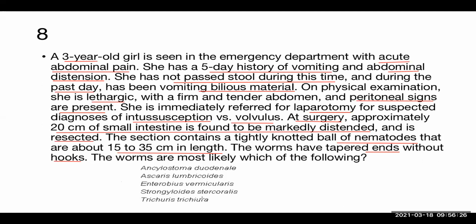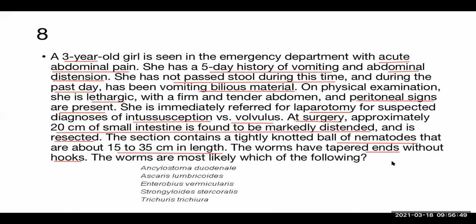Nematode means roundworm. Among them the giant roundworm is called Ascaris lumbricoides, and that can give rise to a lot of problems. He's right. One of the problems is just like this, which we are seeing here, acute intestinal obstruction. Another is obstructive jaundice. They can climb up towards the common bile duct and cause obstructive jaundice also.